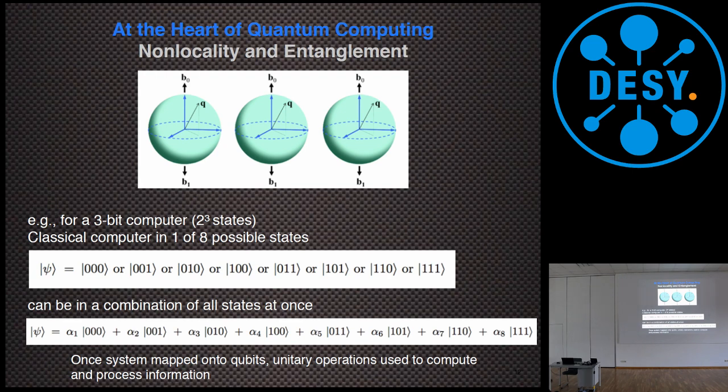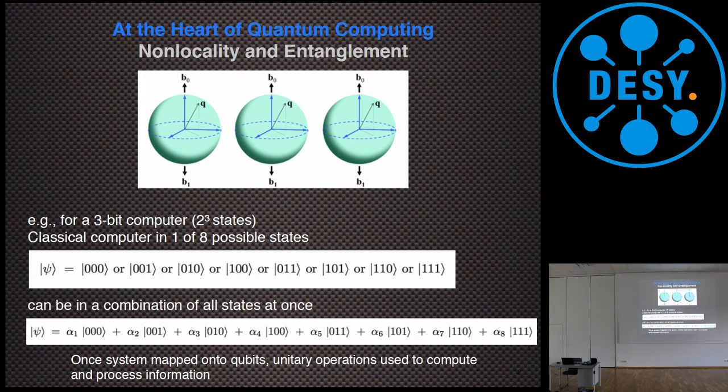So your computer could be in 0, 0, 0, or 1, 0, 0, or 1, 1, 0, any of those 8. At any one time, when you look at the state of the computer, it's in one of those states. And then you can perform an operation on it. For instance, you can start in the 1, 0, 0 state and then change this bit from a 0 to a 1, and then you end up in this state here.